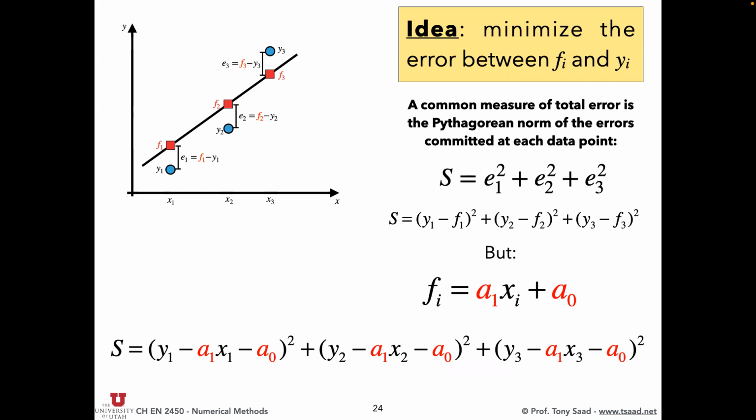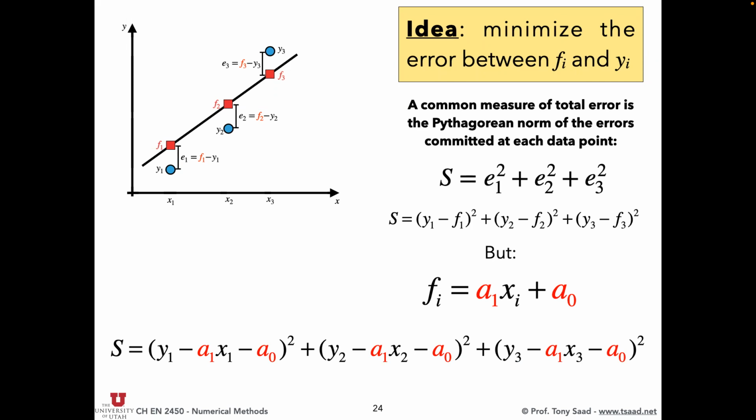Okay. So now we have a formula for the error, and that formula contains the two knobs, A0 and A1, that allow us to manipulate that line, right? A0 and A1 allow us to either change the slope of the line, move it up and down, or do both, okay?